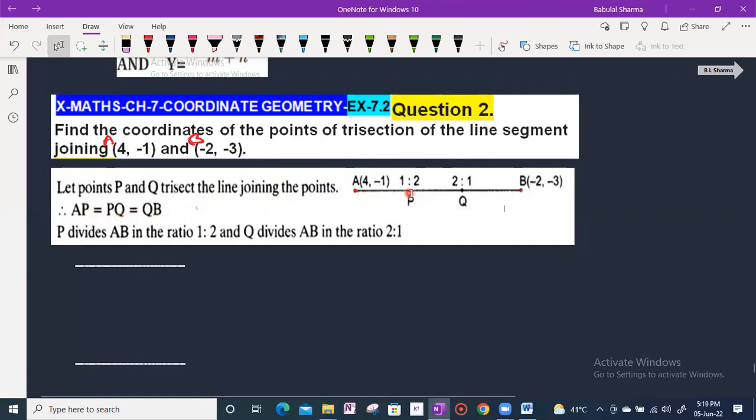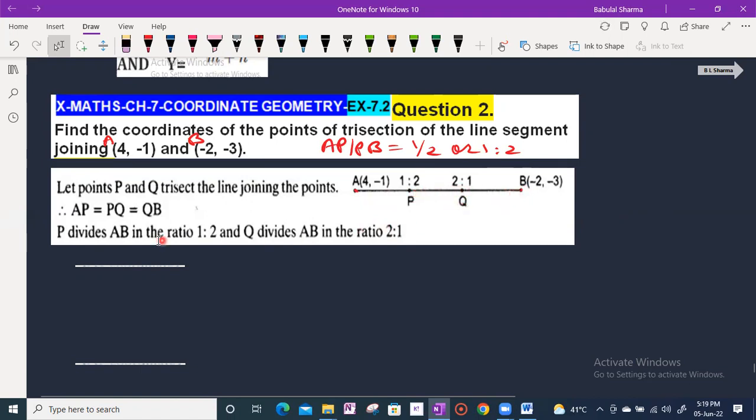Here you will see that the point P divides this line segment into 3 equal parts. So we can say AP upon PB, the ratio is 1:2. Here देखिए, AP 1 part है तो PB डबल पार्ट हुआ, एक पार्ट PQ and other part QB.